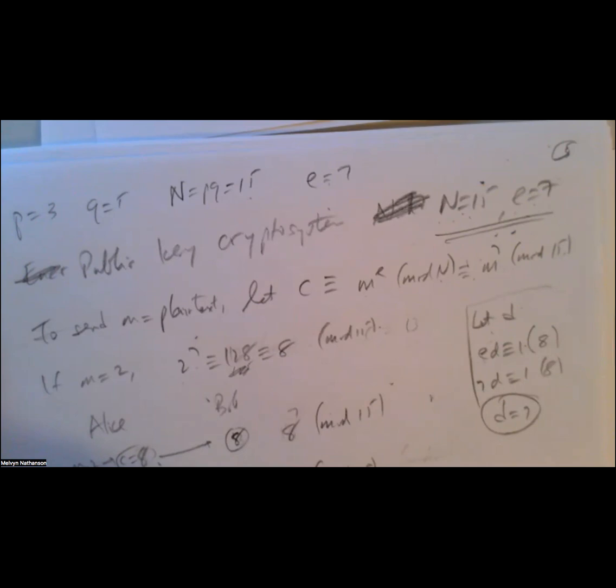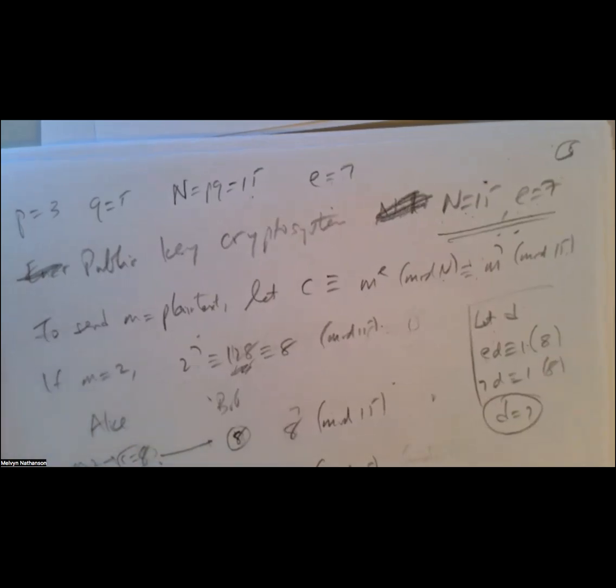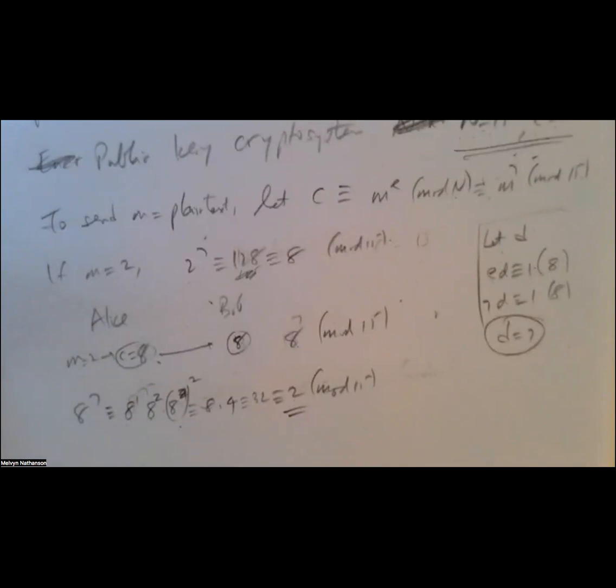This is A to the first power, A to the second power, A to the fourth power. So this is 8. 8 squared is 64, which is 4 mod 15. A to the fourth is a squared squared, which is 16, mod 15, which is 1. So this is 32, which is 2. So A to the 7th mod 15 is 2. And I recovered the secret message.